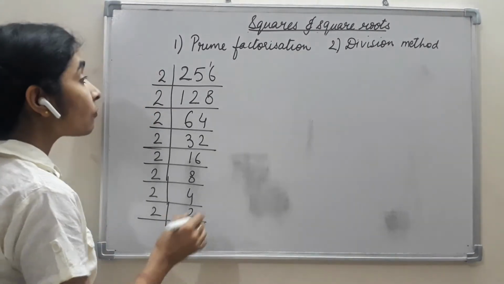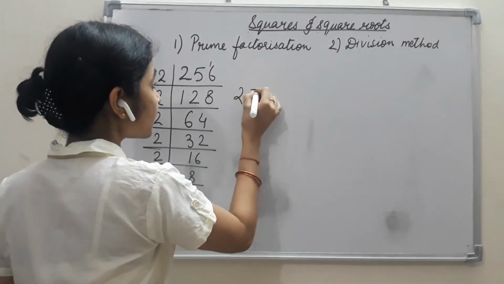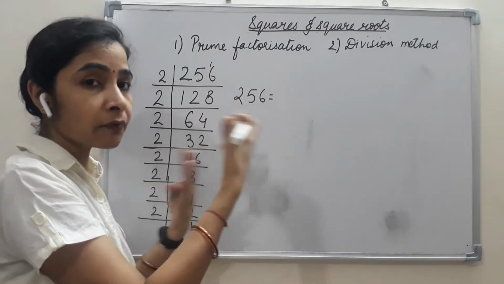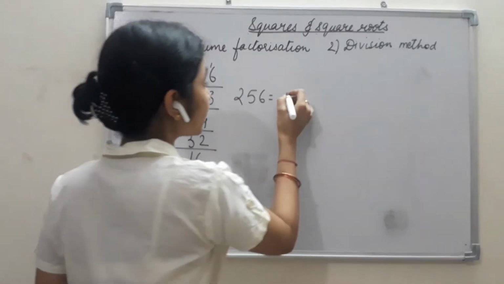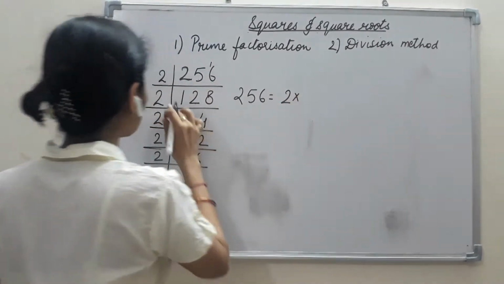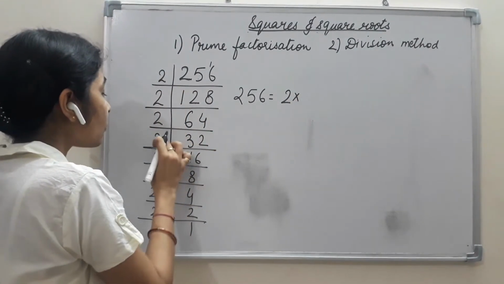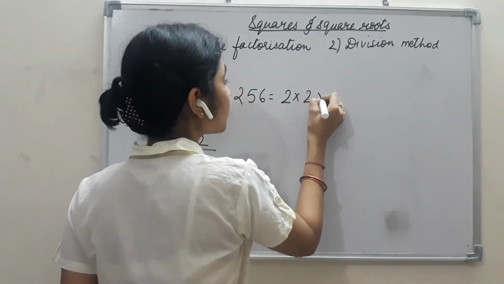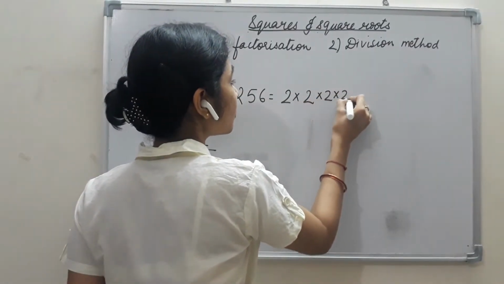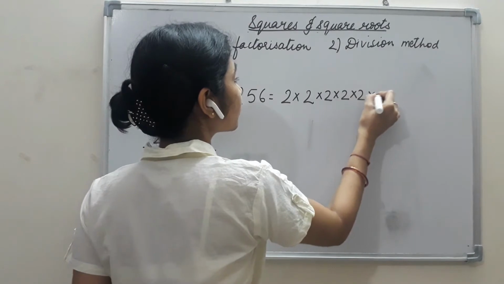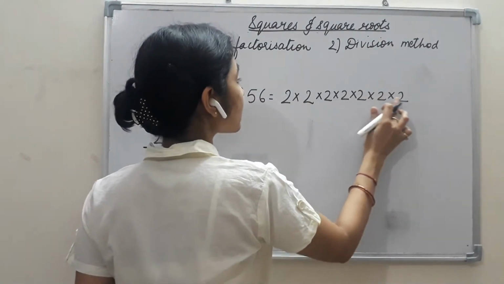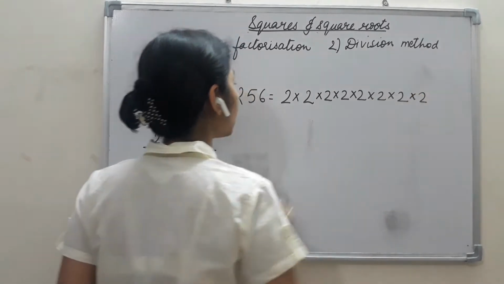Now what we are supposed to do is write it in the form of factors. How many times are we getting 2? 1 2 3 4 5 6 7 8, so we write it 8 times: 2 into 2 into 2 into 2 into 2 into 2 into 2 into 2.